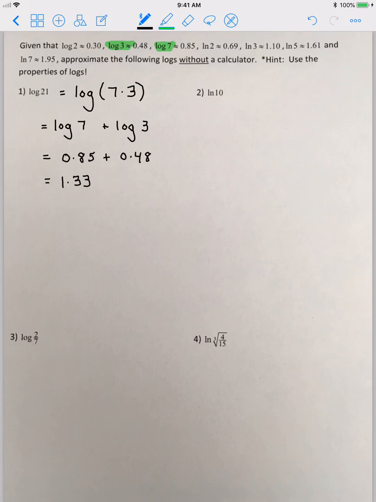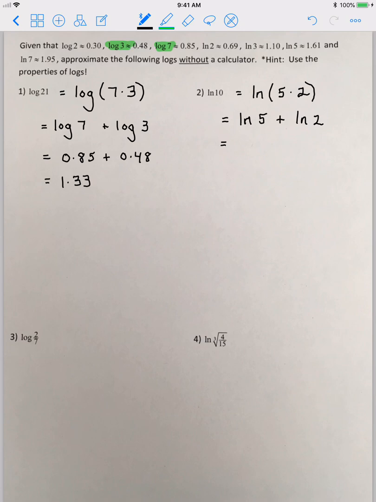Now let's do it with the natural log of 10. So for natural log of 10, I want to try and rewrite that using numbers that we have up in our approximations. So natural log of 5 is on our list, and the natural log of 2 is on our list. So I can rewrite the natural log of 10 as the natural log of 5 times 2. Using our logarithm rule, this is the same thing as the natural log of 5 plus the natural log of 2.